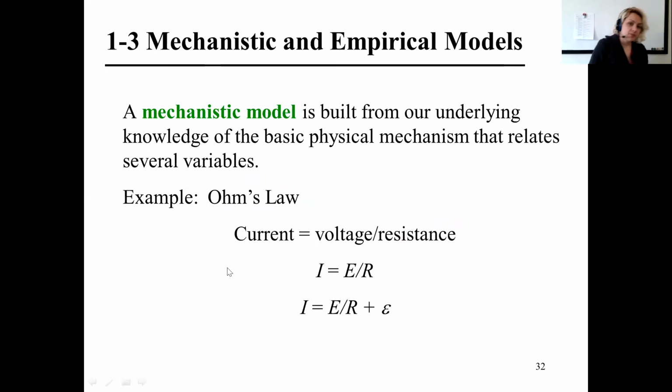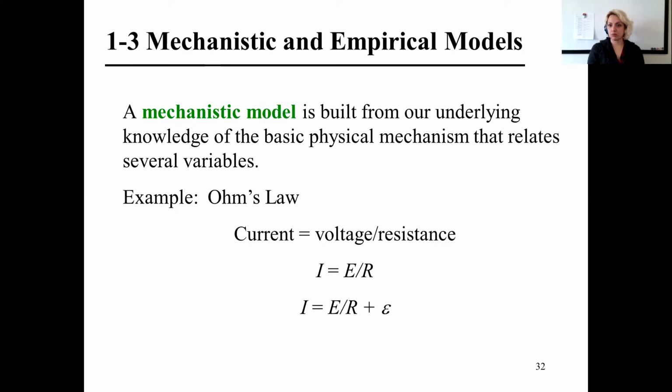So we have a few more items that we want to talk about before ending today's topic. One is the difference between mechanistic and empirical model. At the beginning of this lecture, I told you that you already know what it is. The mechanistic model is all of the physics laws that you had, right? Ohm's law, for example.